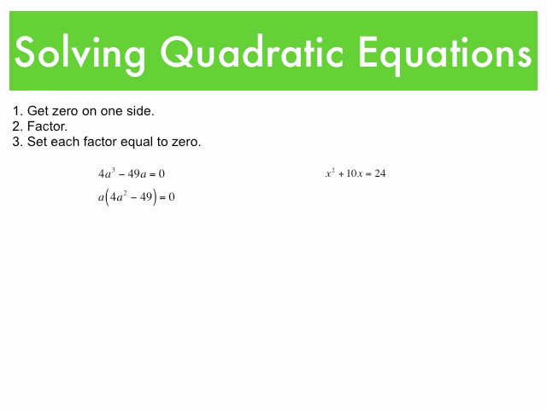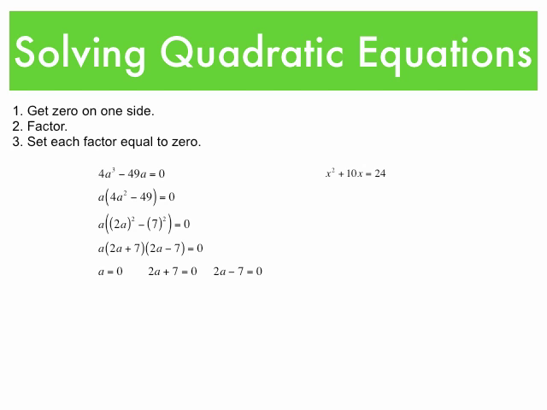It's a difference of squares. I think of that as being 2a squared minus 7 squared. So it factors as 2a plus 7 and 2a minus 7. And I don't want to forget my greatest common factor of a out on the front. Now instead of having 2 things multiplied together and equal to 0, I have 3 things multiplied together and equal to 0. So I'll set each one of those equal to 0.